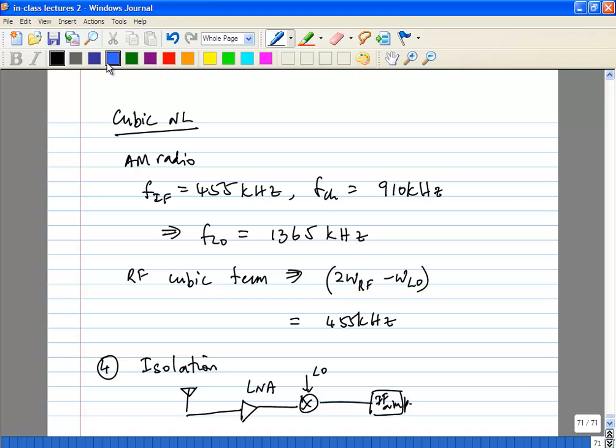Now consider what happens if some of your LO signal leaks through to your IF port. Remember that compared to your RF signal, your LO signal is usually much larger.